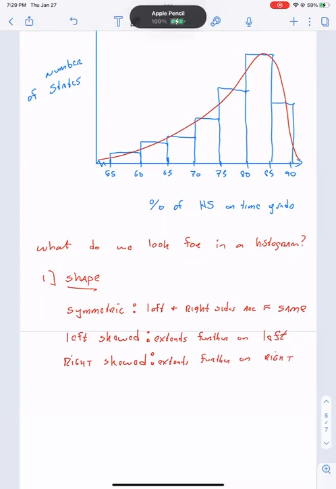There is a formula, by the way, for histograms where you can actually compute the exact skewness, which we're not going to do in this class. So there is a way of actually quantifying skewness and not just symmetric, left skewed, or right skewed. In this class, it's symmetric, left skewed, or right skewed.